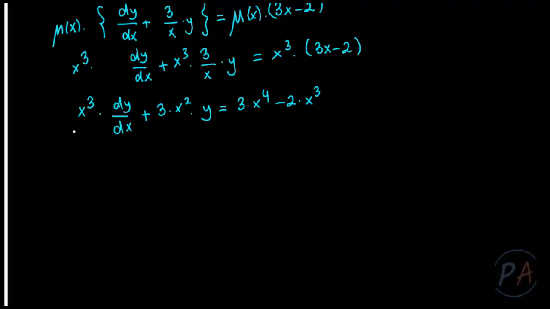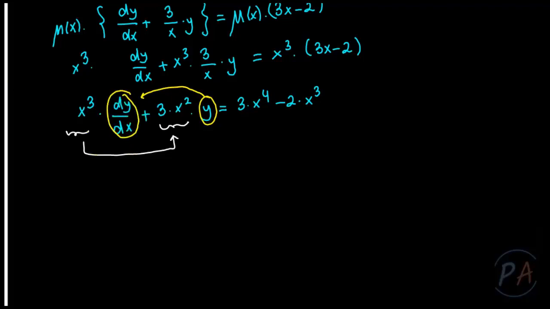In the first term, one of the components is x cubed, and in the other term I find the derivative of x cubed, and the other component y, with the derivative of y here.